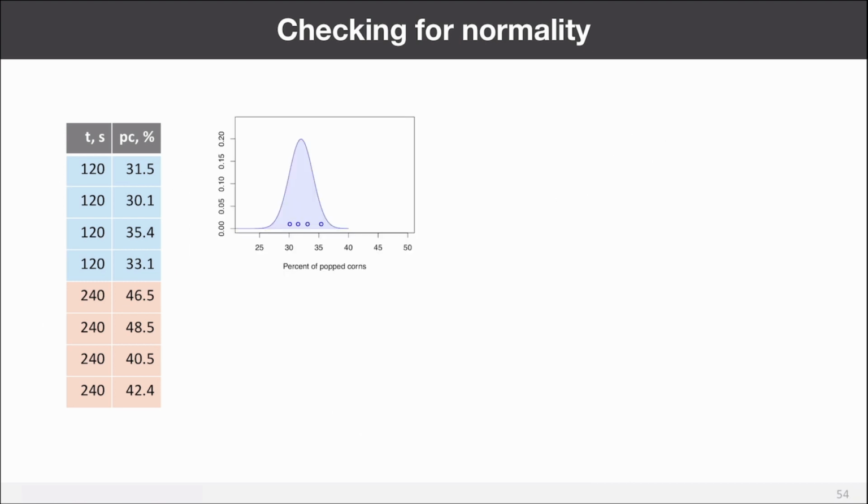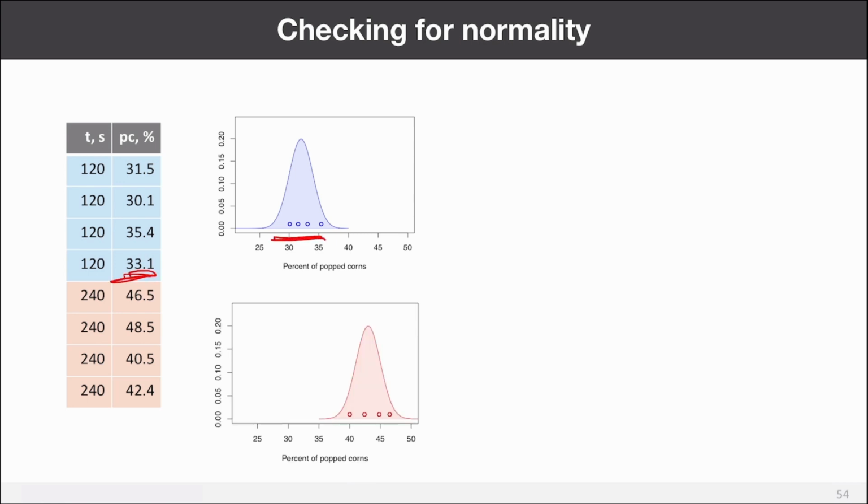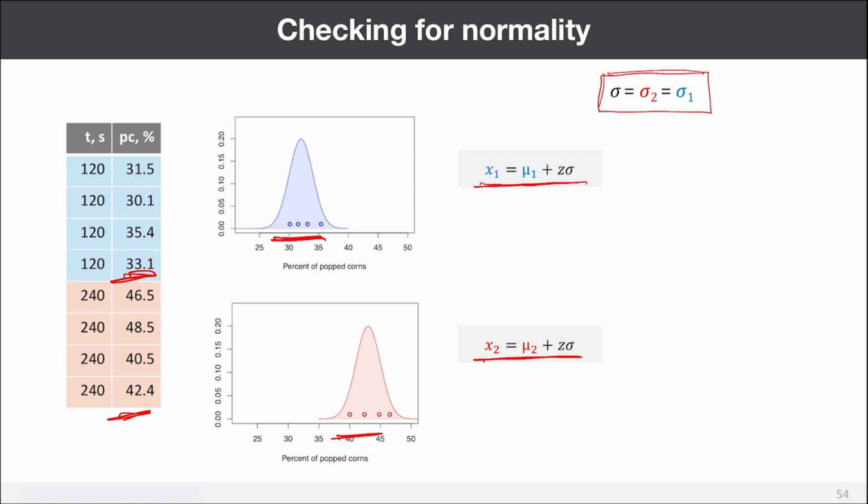What you can do is recall that these values came from this population, and these values came from this population. Here you have normally distributed values, and here you also have normally distributed values. And then we assume again that the sigmas are the same. Now, what if you take a difference between x and mu? It's like standardization without dividing by the standard deviation.